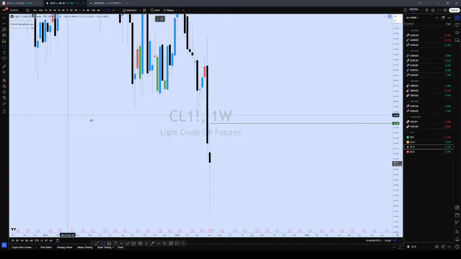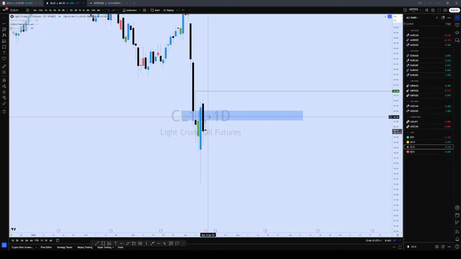I think they will just drop. So I'll expect them to move down again. If we come back up, it would just be a run on stops and then it'll move back down again. So next week I will be looking for continuation to the downside on crude oil.